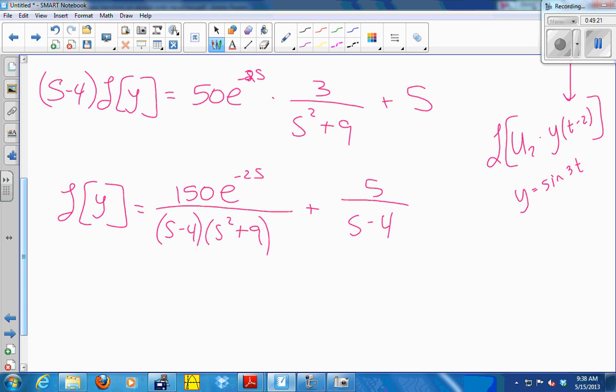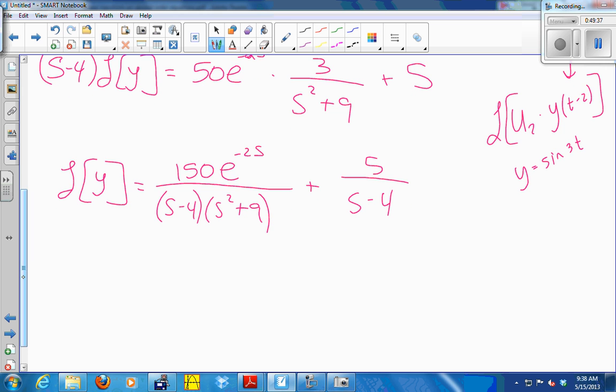All right, the 5 over s minus 4. Oh, so this is my Laplace of y. So this is like problem mostly done. Now I just have to take it back. Do the inverse Laplace of this stuff. Okay.